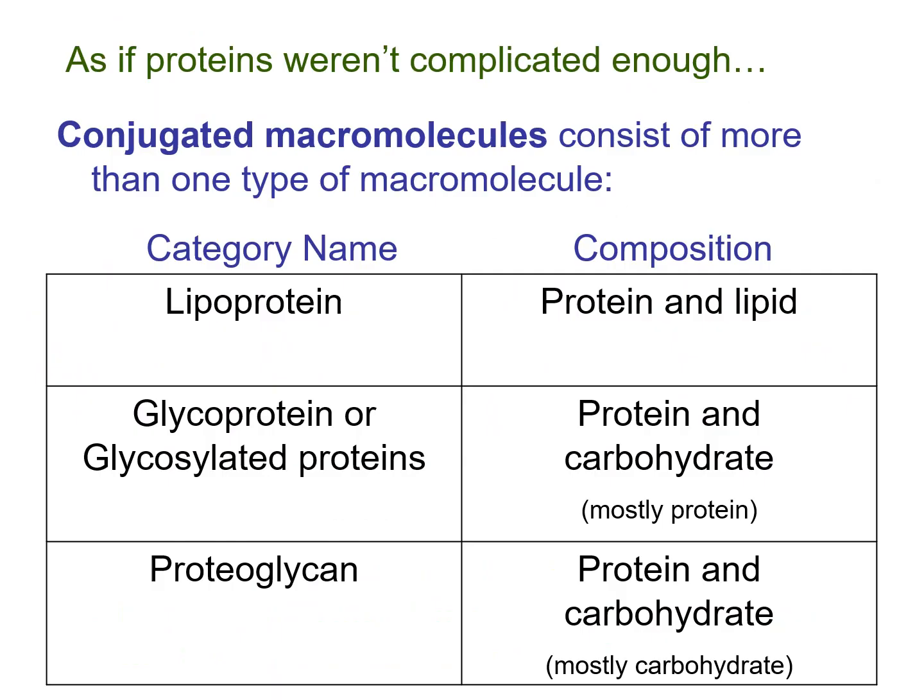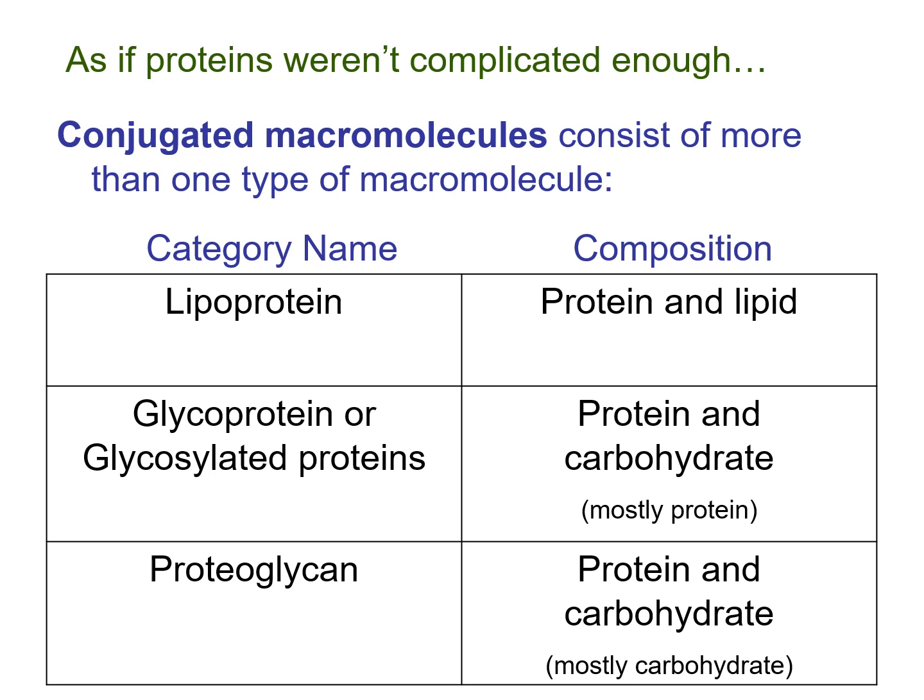So proteins are complicated, right? Well, it turns out they're even more complicated because they can quite often attach to other categories of macromolecules and make something brand new. So we can have lipoproteins, for instance, which are a mixture of protein and lipid. We can have glycoproteins, which are a mixture of protein and carbohydrate.